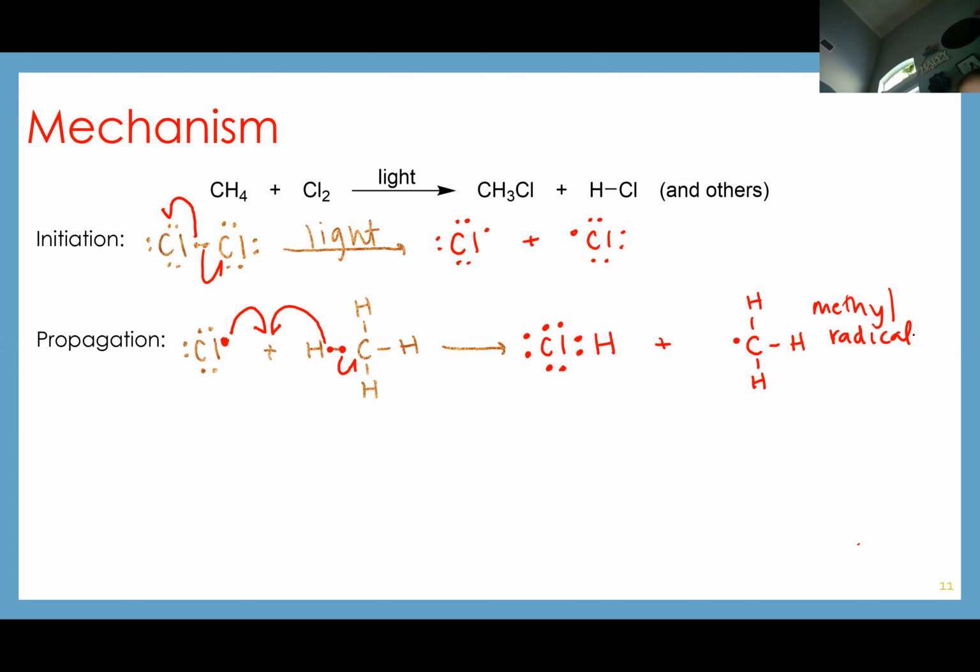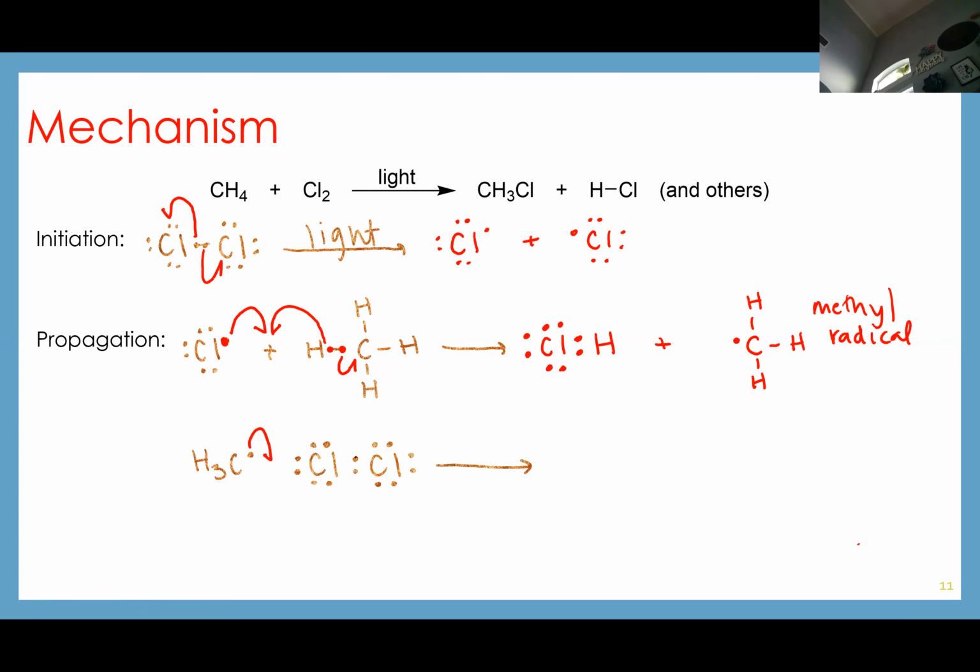So this step is called propagation because we did manage to use up a chlorine radical, but in doing so, we created a new radical. So any step like this that creates a new radical is considered a propagation. There are a couple of things that can happen here. The most important one is that the methyl radical is going to react with a molecule of chlorine now.